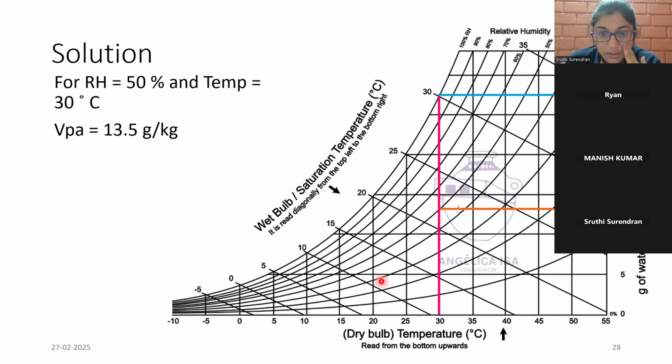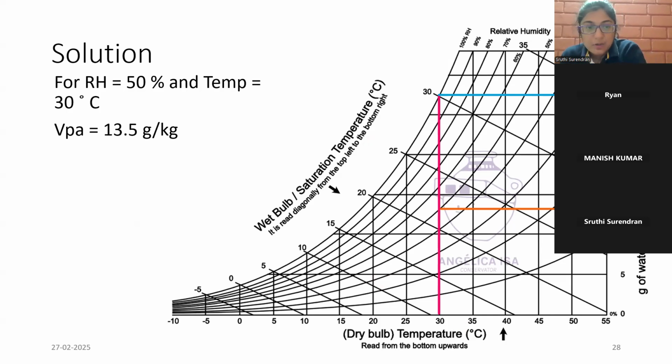Okay, so no problem. The decimals and everything will be a little bit different considering the value that I have taken here. But I think in the end, whatever answer you're getting is right only. So it is 13.5 from this chart.